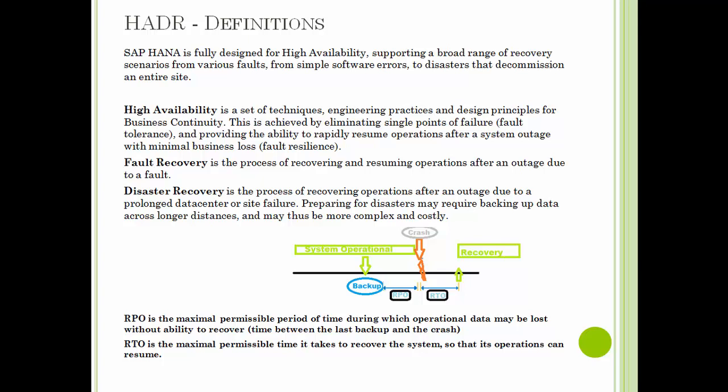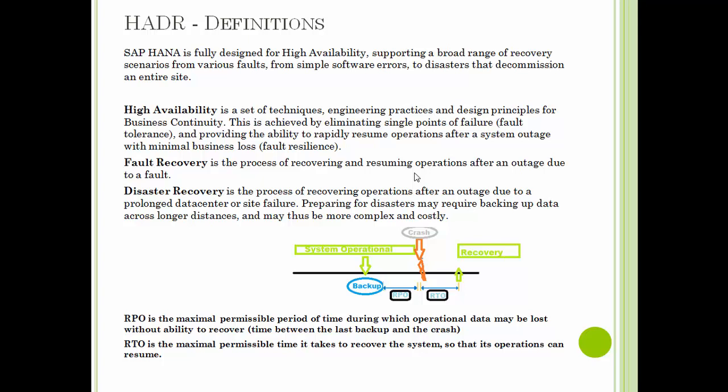And now moving on to fault recovery. Fault recovery is termed as the process of recovering and resuming operations after an outage due to a fault.